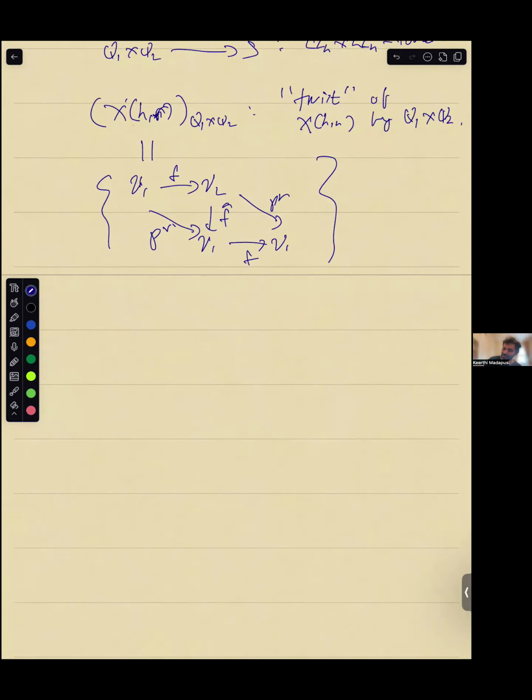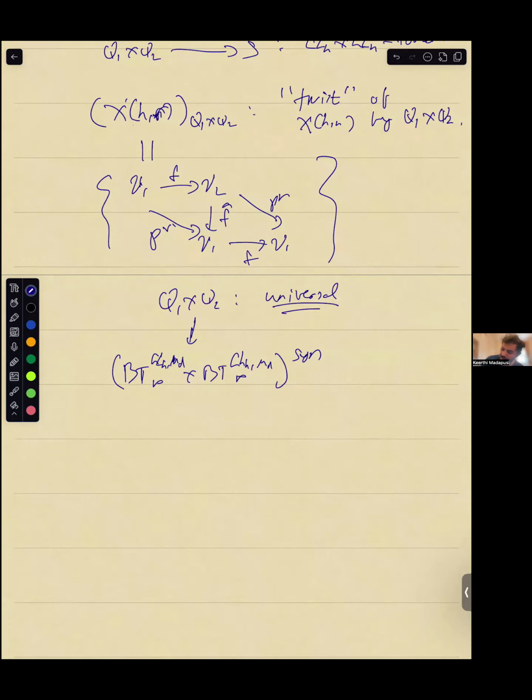And so here's something you can do. Over BT G mu infinity, BT GLH mu d, BT GLH mu d infinity, and you take the diamondification of this, you have a universal GLH times GLH torsor, which corresponds under this Anschutz-Le Bras type equivalence that I mentioned before to the universal pair of Barsotti-Tate groups H1, H2 over this stack.